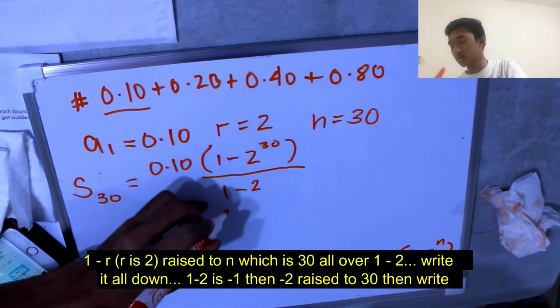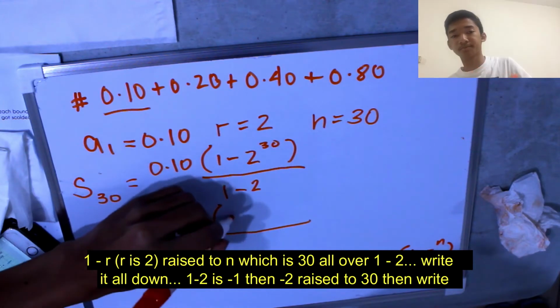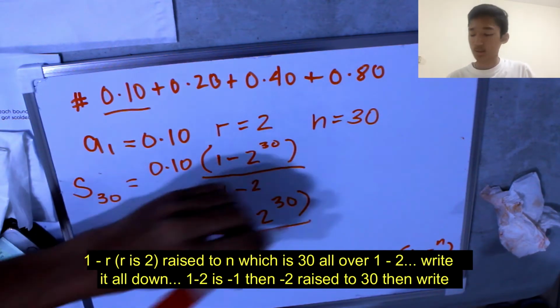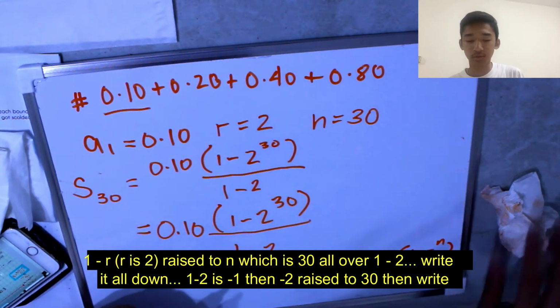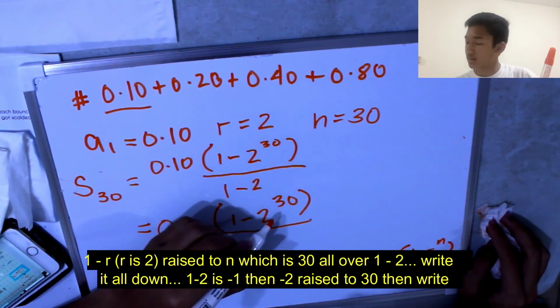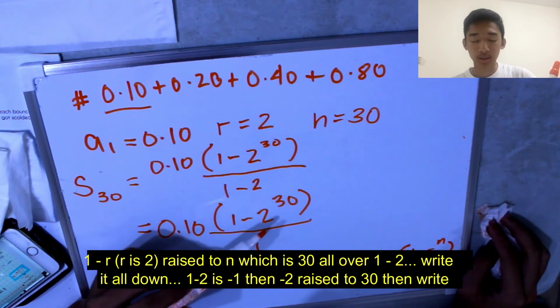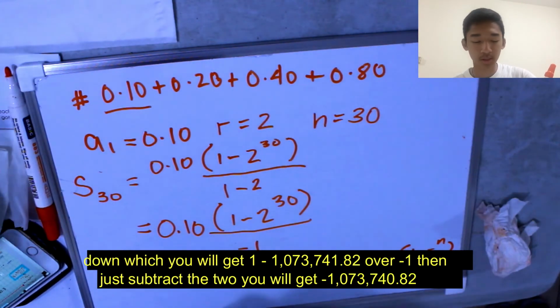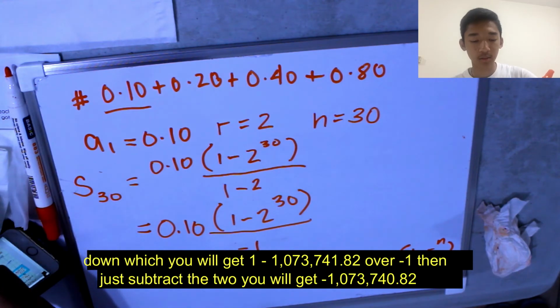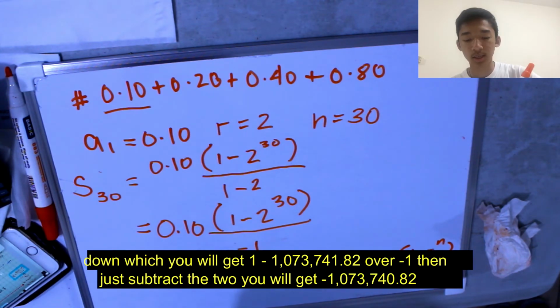What we'll get is 1 minus 2. Wait, let's write it all first. 1 minus 2 is obviously negative 1. And we do the 2 raised to 30, which is, try to multiply that, you'll get 1,073,741.82.